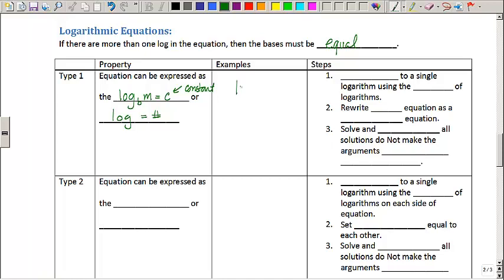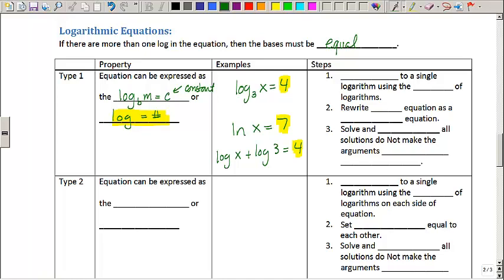For example, log base 3 of x equals 4. Or ln x equals 7. Or another one, log x plus log 3 equals 4. Notice in each of these examples, there is a constant, a term that does not have any log in it. And that's the requirement to be of this first type, log equals number.